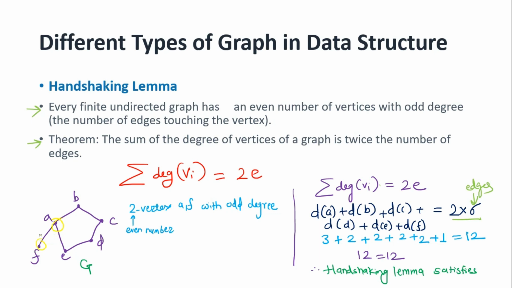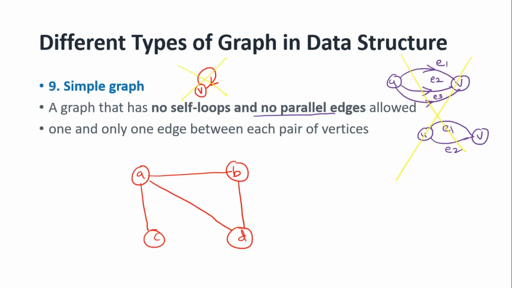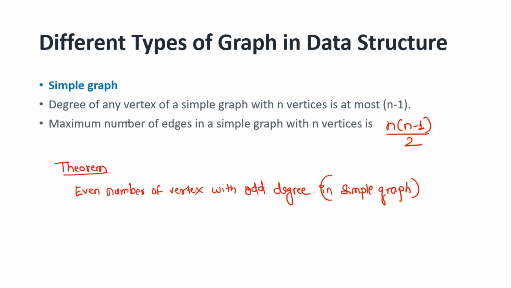Now the count of vertices whose degree is odd is 1 and 2, just 2. So the count of vertices is 2, and 2 is an even number. This states that you will have an even number of vertices in the graph whose degree is odd. In a simple graph, the degree of any vertex with n vertices will be at most n minus 1.